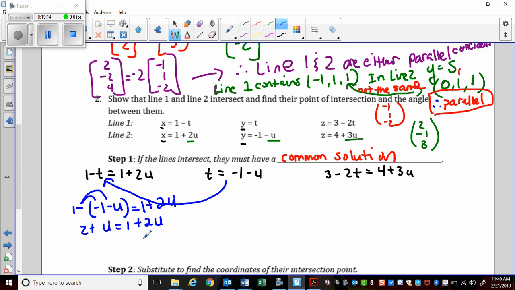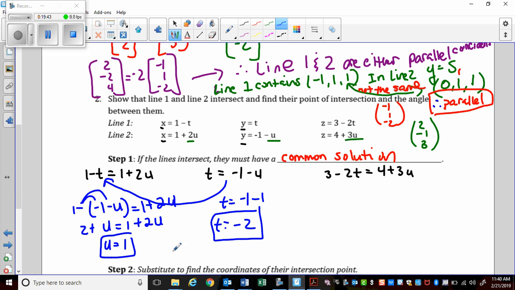I can subtract the u to move it to this side, subtract the 1 to move it to this side, solve for u. U has to equal 1. Now I'm going to plug this into this equation. So t equals -1 minus, well, u is 1. So t equals -2.